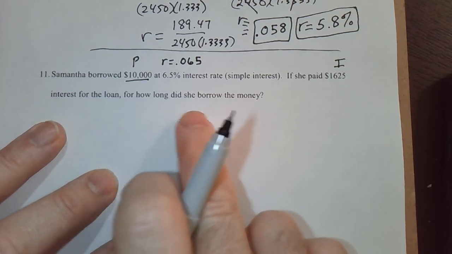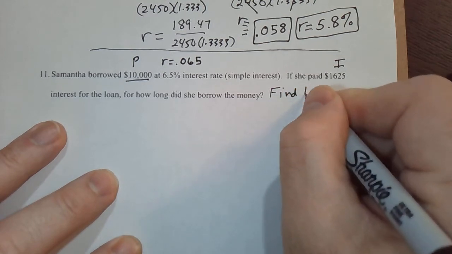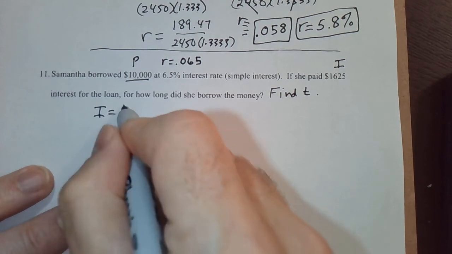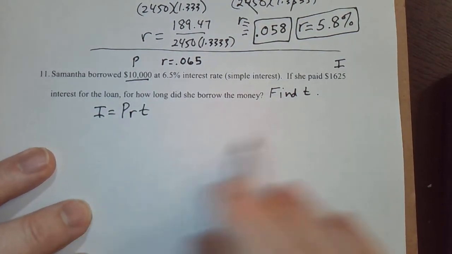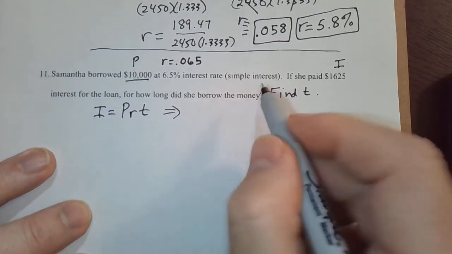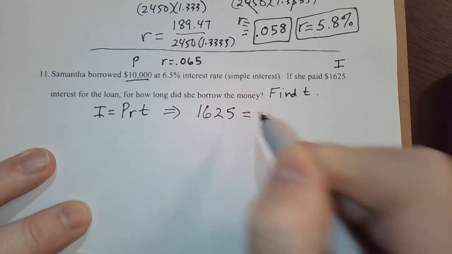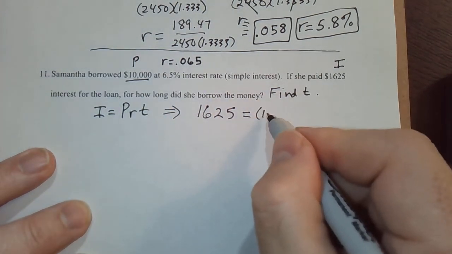For how long did she borrow the money? So what does that mean? That means find T. So we have I equals PRT, and we've got 3 of those. I is 1,625 equals PRT. P is 10,000.